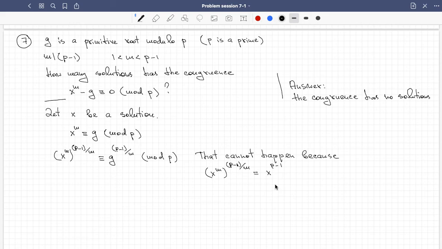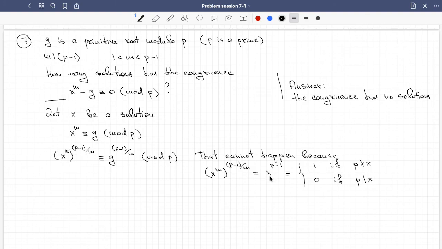And that can be congruent either to 1 if p does not divide x, by Euler, or to 0 if p divides x.